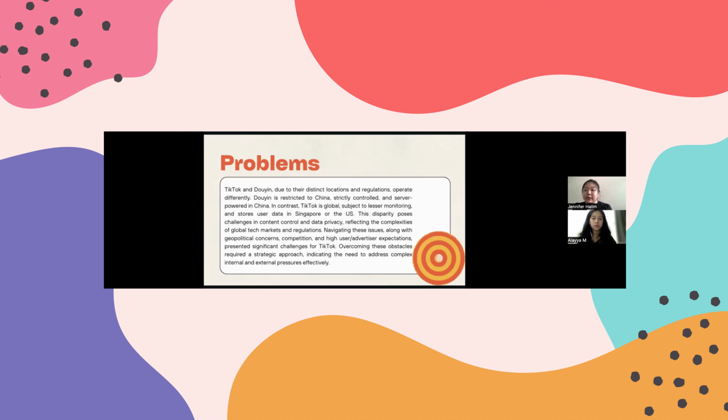The problems highlighted in the case are because of their different geographic location and governmental issues. TikTok and its Chinese counterpart, Douyin, operate and are controlled differently, which is the issue that the article highlights. Although Douyin is strictly regulated and only allows content to be shared within China, TikTok is accessible worldwide and is subject to less intense monitoring.